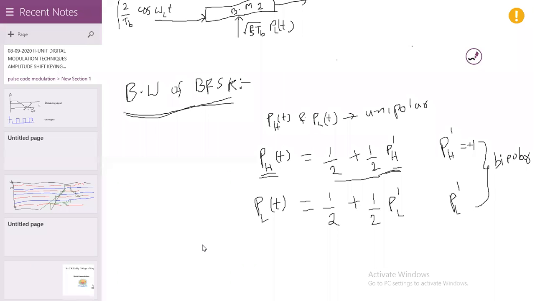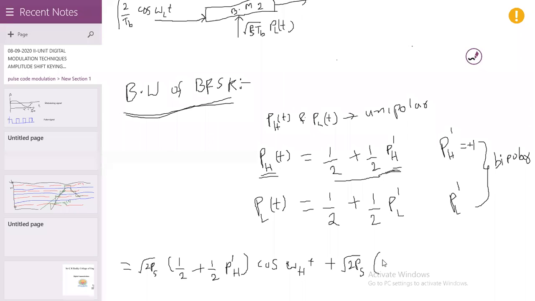Again here you can write that equation. The BFSK equation is equal to, please note down, root of 2PS, and in the place of pH of T you can write 1/2 plus 1/2 pH dash into cos omega HT, plus root of 2PS.